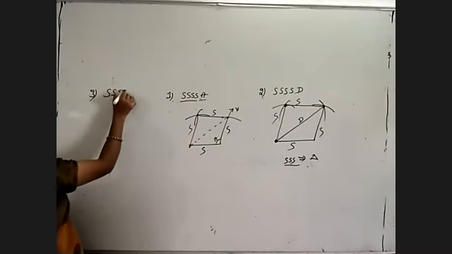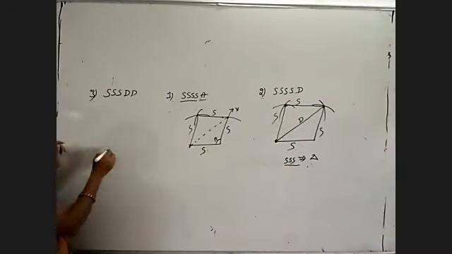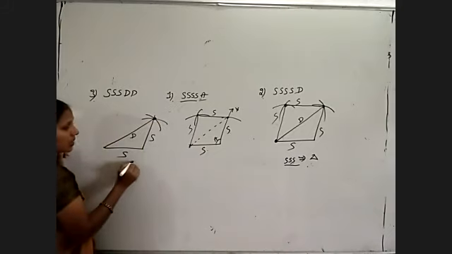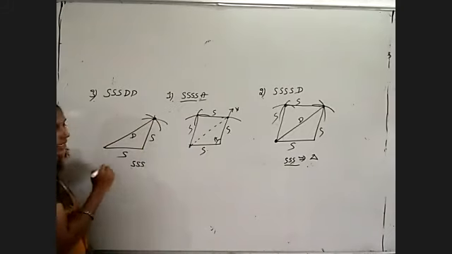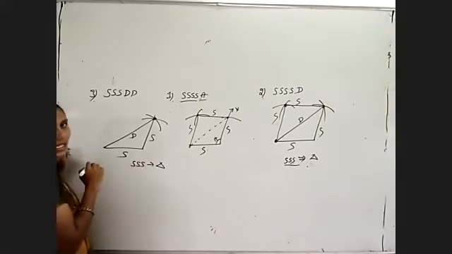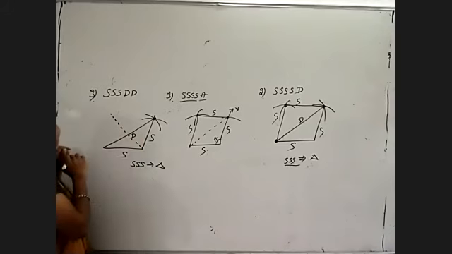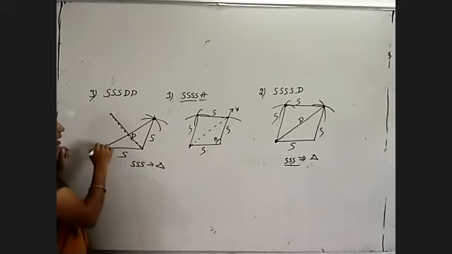Now, thirdly, when a side and 2 diagonals are given. First of all, construct the side, use another side and a diagonal also. By using the side criterion, we get the triangle in the first step. After that, to get the fourth vertex, we will use another side, another diagonal and another side.